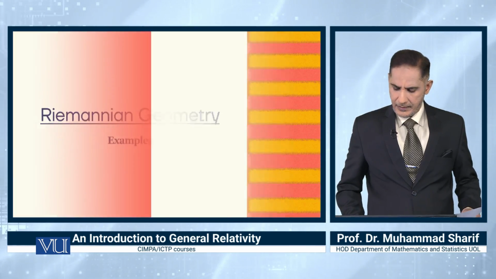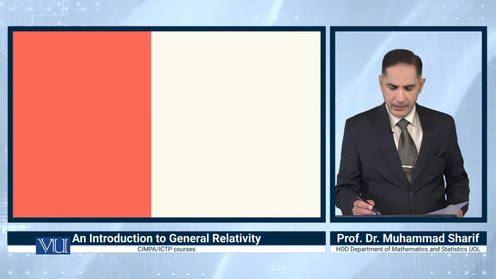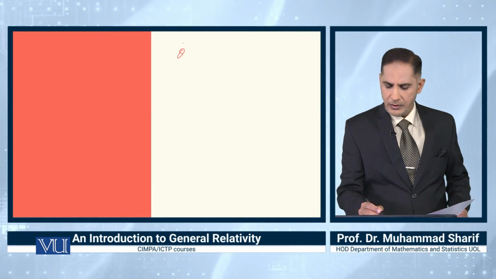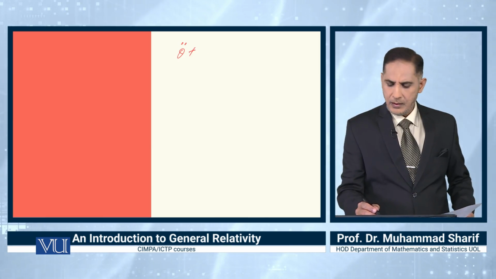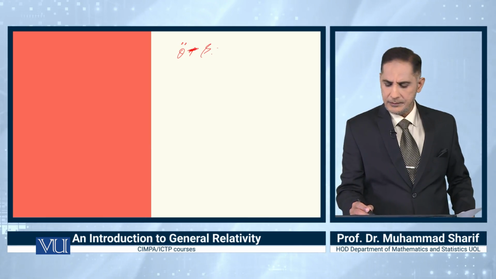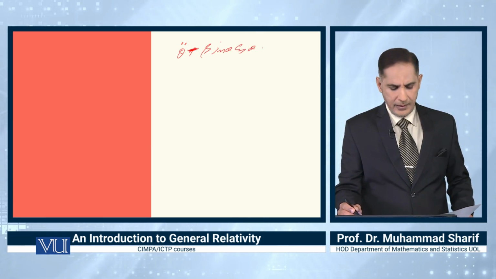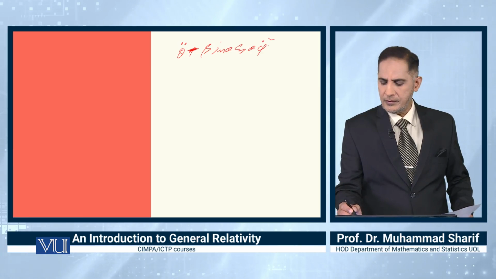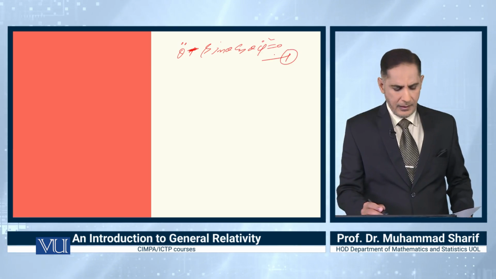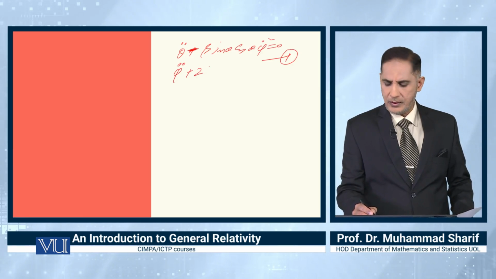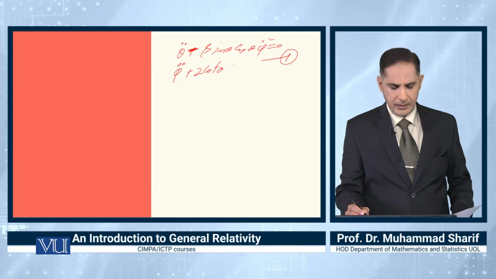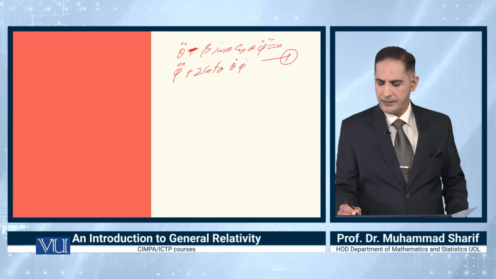Okay. So finally, we can write down the geodesic equation in this form: theta double dot plus, well, minus sine theta, I'm just putting the value of the Christoffel symbol, cos theta, and then phi dot square is equal to 0, say this is number 1, and then phi double dot plus 2 cot theta theta dot phi dot is equal to 0.